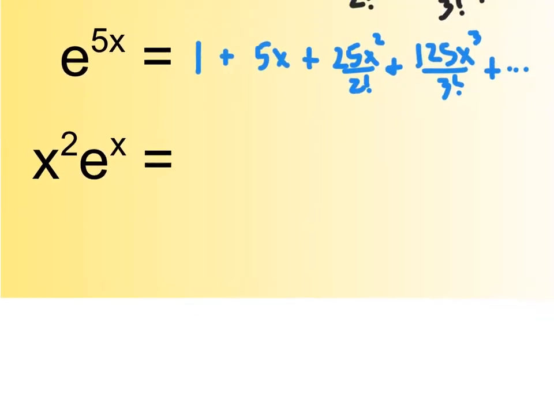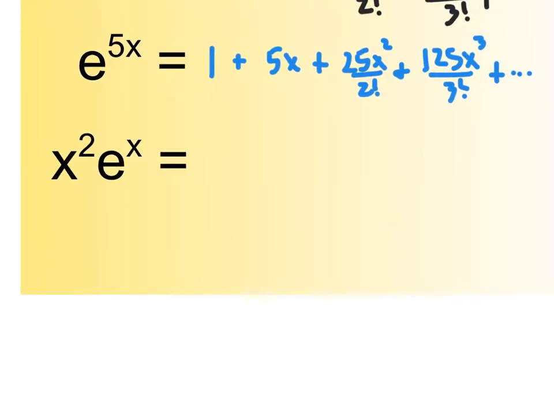Okay, so here's a really interesting one. X squared is already a polynomial, and I'm going to multiply it by e to the x. Therefore, that means I'm going to take x squared and multiply it by e to the x.